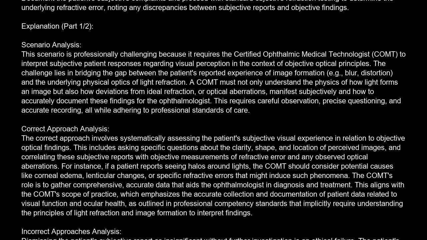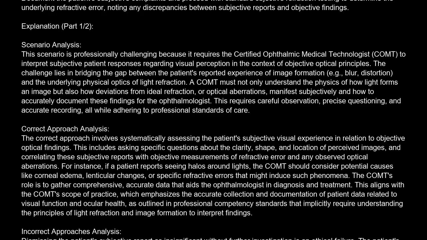Explanation. Scenario analysis. This scenario is professionally challenging because it requires the certified ophthalmic medical technologist, COMT, to interpret subjective patient responses regarding visual perception in the context of objective optical principles. The challenge lies in bridging the gap between the patient's reported experience of image formation, e.g., blur, distortion, and the underlying physical optics of light refraction.